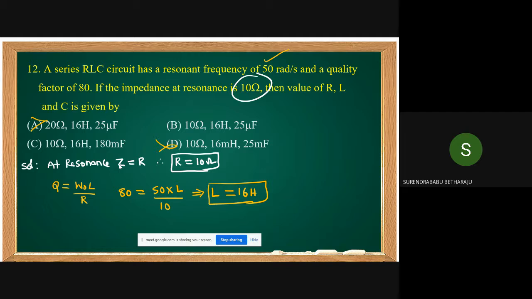One method to find the capacitance is to write the quality factor in terms of capacitance: Q equals 1 by omega naught CR. Q is 80, omega naught is 50, and R is 10.